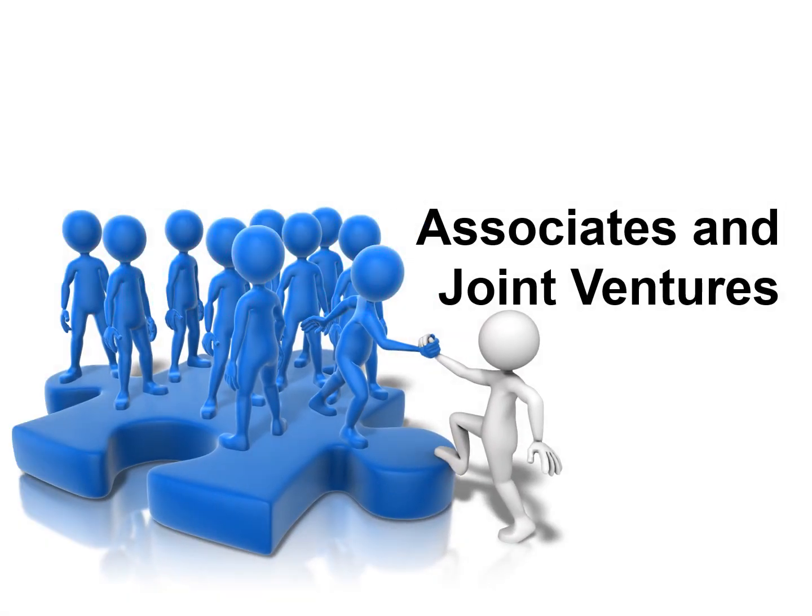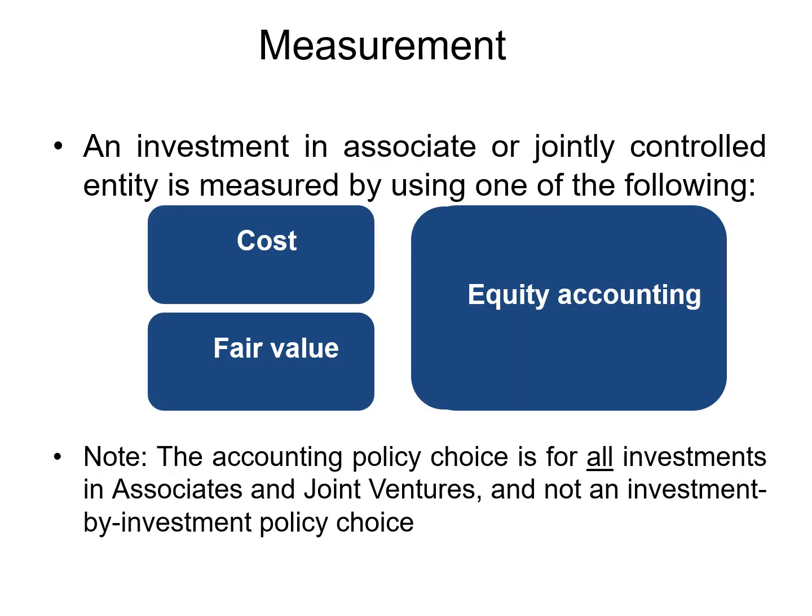Moving on to associates and joint ventures and the accounting for such investments where they exist. An investment in an associate company or a jointly controlled entity is measured by using one of three methods. We can go cost, we can apply fair value, or we can apply equity accounting should we choose to do so.